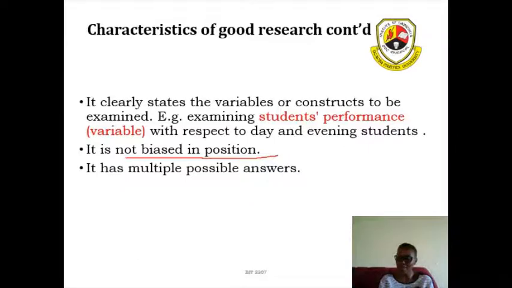What do we mean by a biased position? Take an example of us IT students, IT professionals. We produce things. For myself, I'm inclined towards software development. So if you develop something, you're proud of it and you want others to look at it and say, wow, Sheba has done a good job.